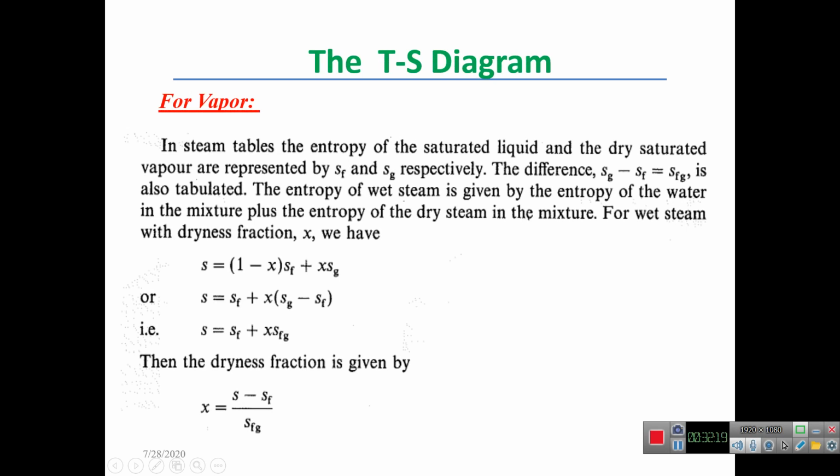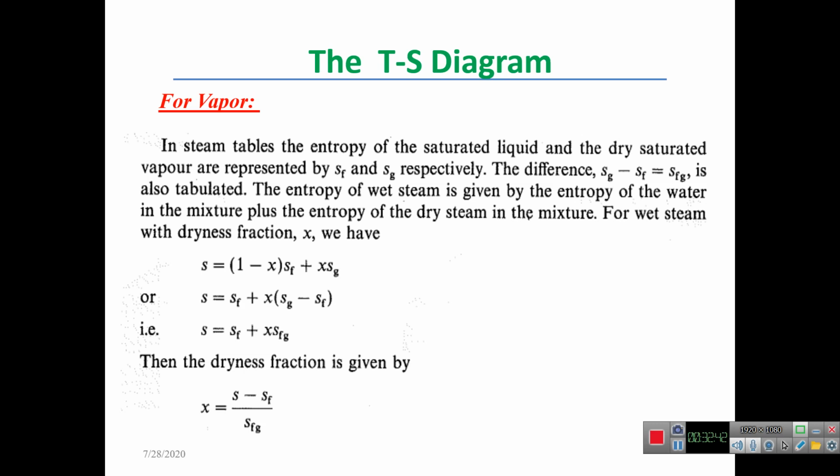Now, properties of vapors are actually obtained using what we refer to as steam tables or tables of properties for substances. If we consider one property, what we are going to say about it applies to all the other properties which we are dealing with for vapors.